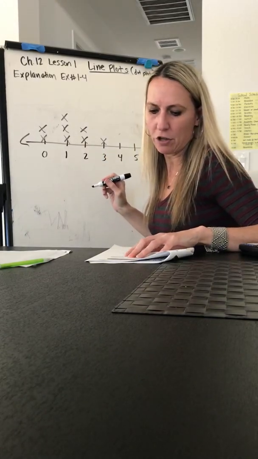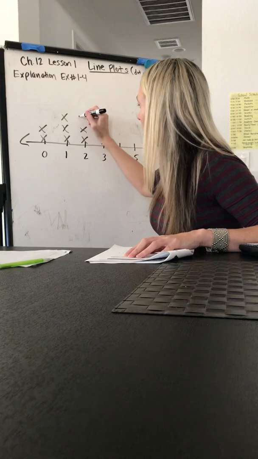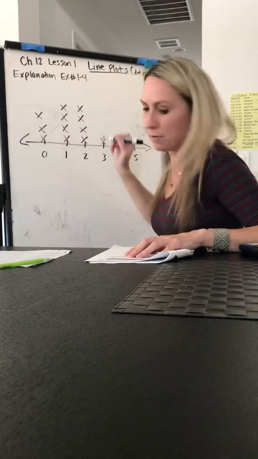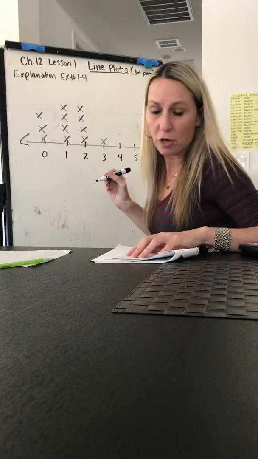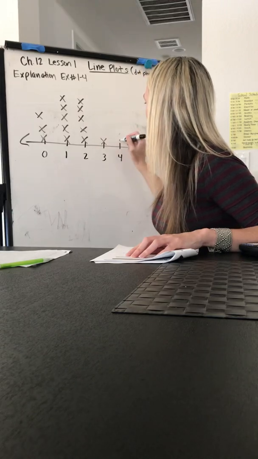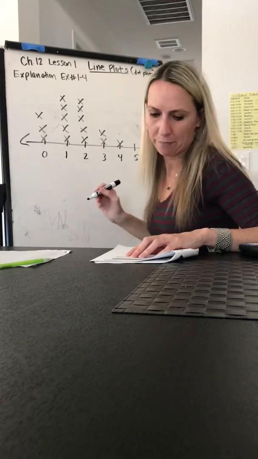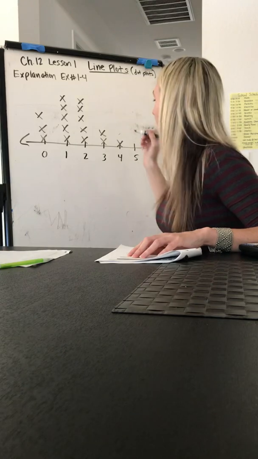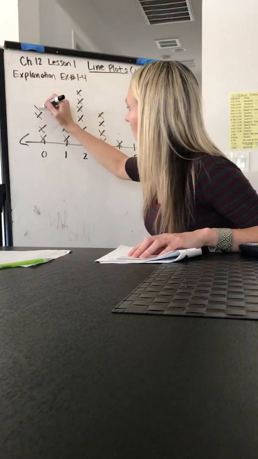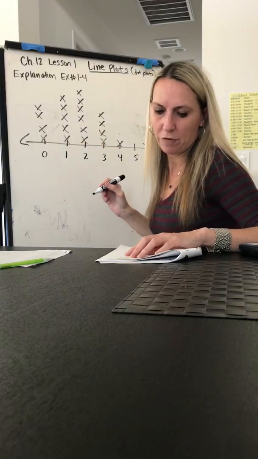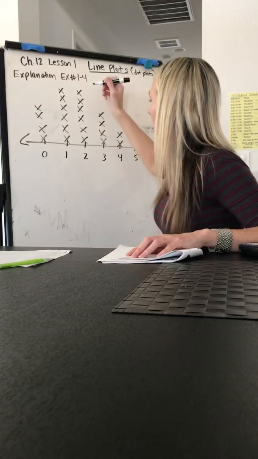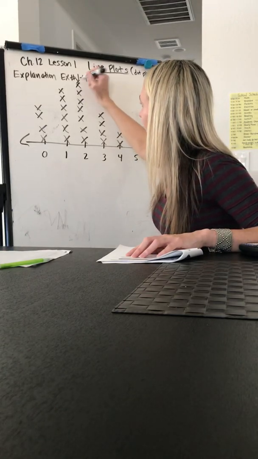And then the third column, 2, 0, 1, 2. And then 1, 2, 4, 3. And then 3, 3, 2, 0. And 1, 4, 2, 2.